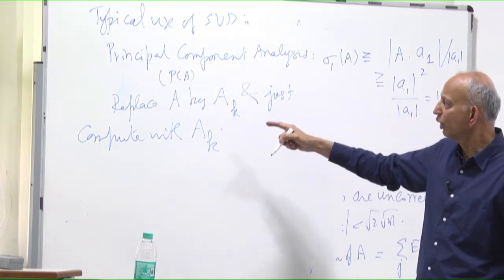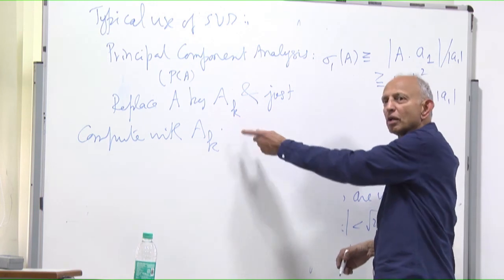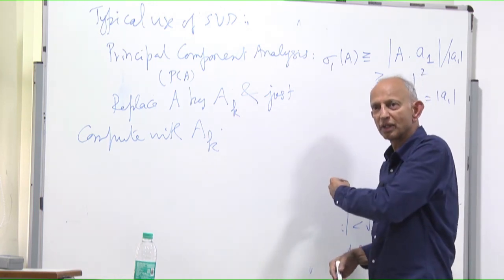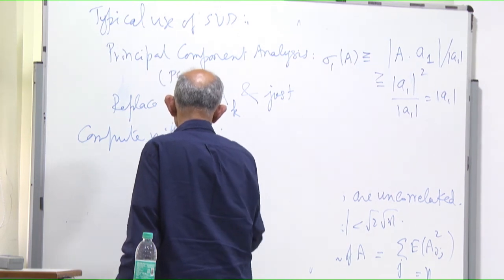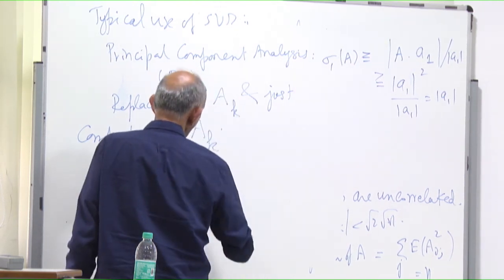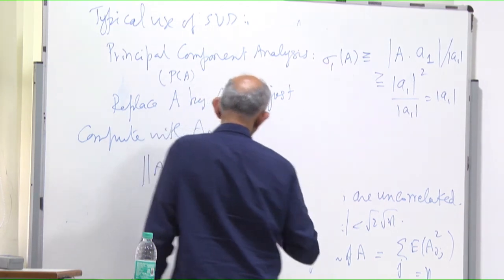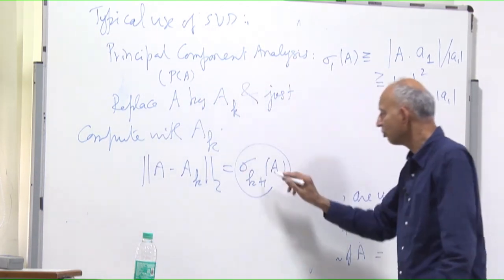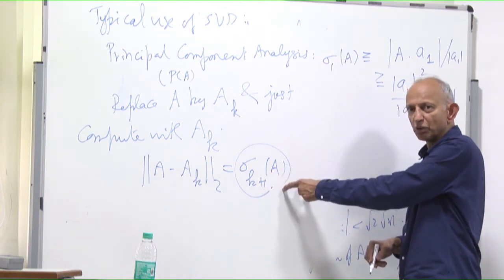This is only good if the truncation leaves very little error. Now we just saw that the error it leaves, in spectral norm, is the (k+1)th singular value. So if this is much smaller than, let's say, sigma 1, this is an interesting thing to do.